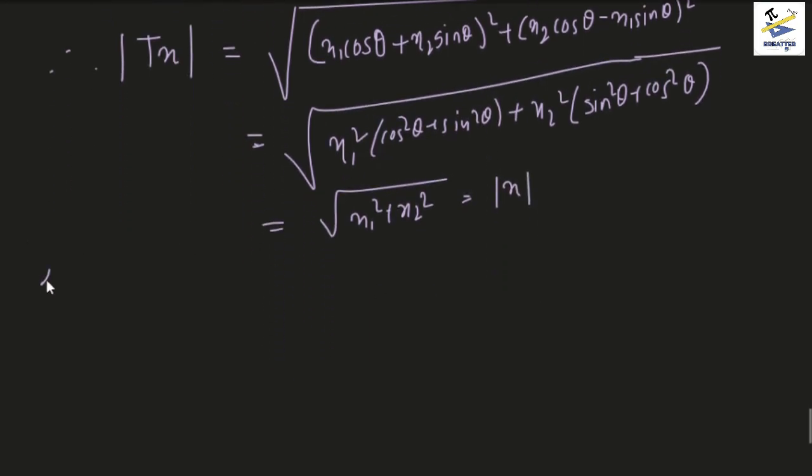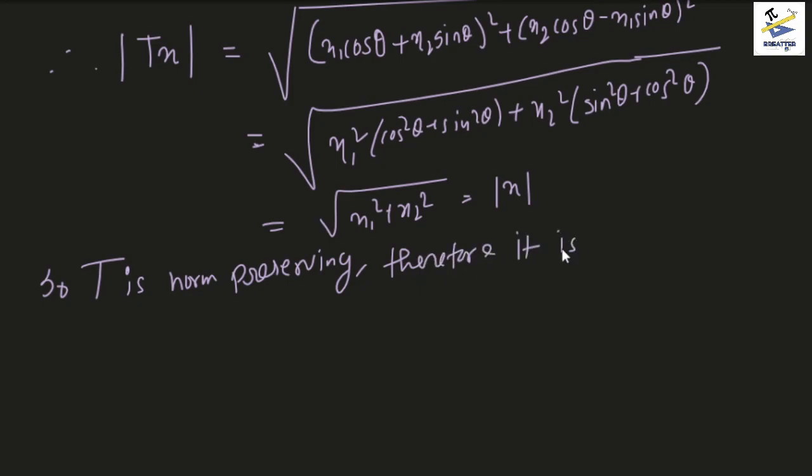So T is norm preserving, therefore it is also inner product preserving, from the last exercise.